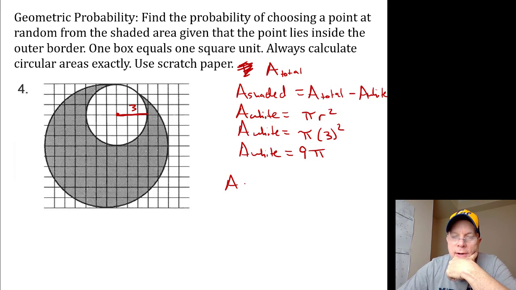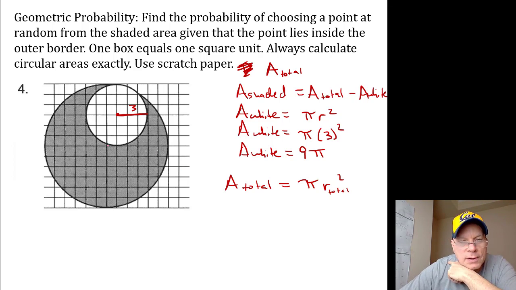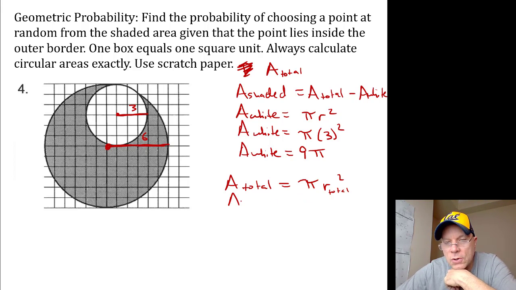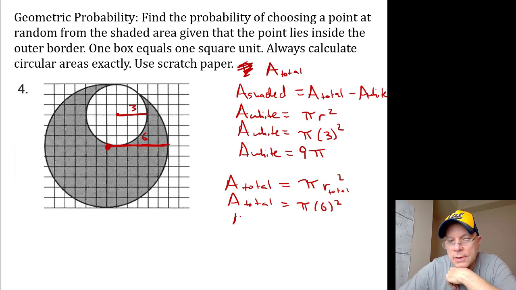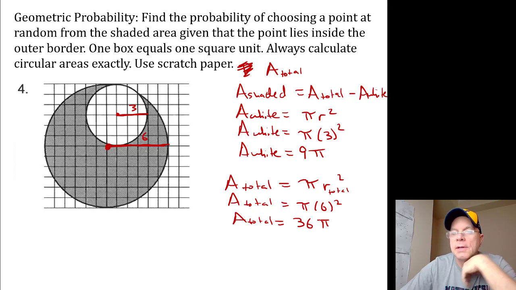The total area is pi r squared, where r is the total radius, the radius of the whole big circle. So 1, 2, 3, 4, 5, radius of 6. So the area of the total circle, which would include this gray shaded area and this white area, is pi multiplied by 6 squared. So the total area is 36 pi.